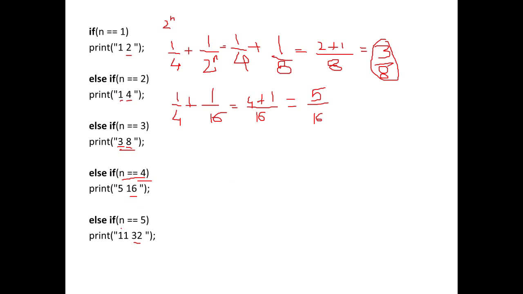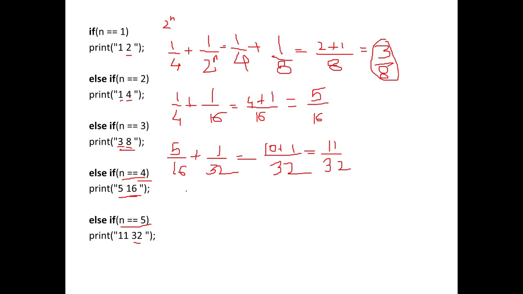Now for 5 we'll be taking the even number before n that has occurred before it. So the even number is 4, we'll be taking its value, that is 5 by 16, and we'll be adding it with 1 upon 2 to the power n. Here n is 5 and 2 to the power 5 is 32, and LCM is 32, and this will be 10 plus 1, which is 11 by 32.